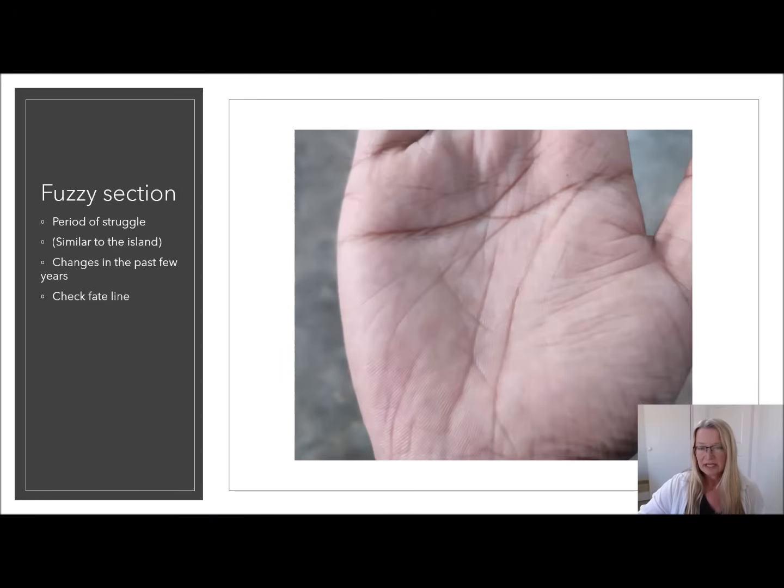So let's look at this hand as an example. The lifeline starts looking nice and smooth and then stops. Because it stops like that, that's showing there is a change in the lifeline. The lifeline continues from this direction, which is showing that the person took a different direction in life, more than likely in their early years, somewhere in their 20s, right up to where it actually starts.